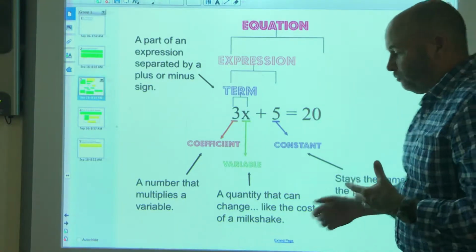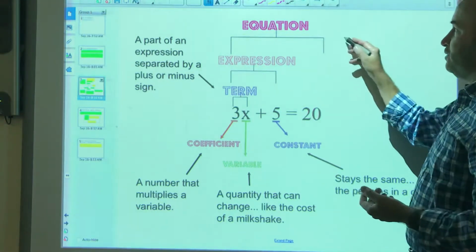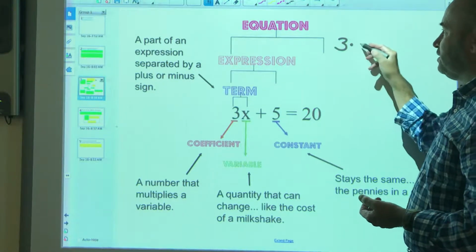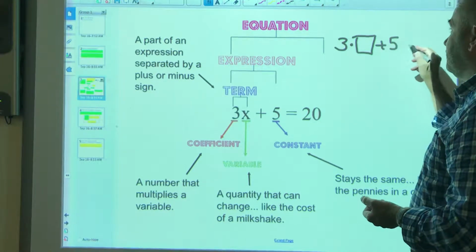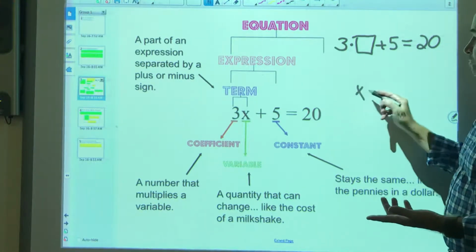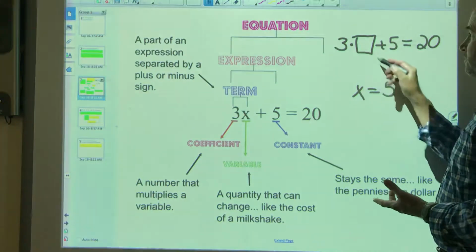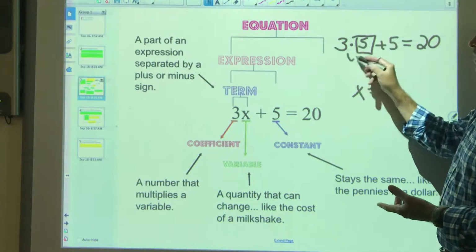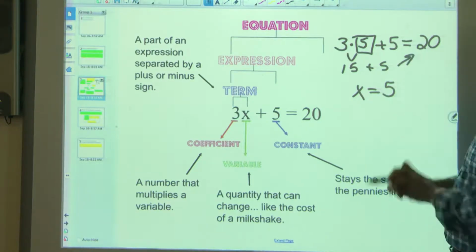Well, at this point, we still don't know what x is, but we could figure out what x is because we'd be thinking, okay, 3 times some unknown number plus 5 equals 20. Well, in this case, we could say x must have a value of 5 in this instance, okay? Because if we plug 5 in there, we know that 3 times 5 is 15 plus 5 equals that 20.